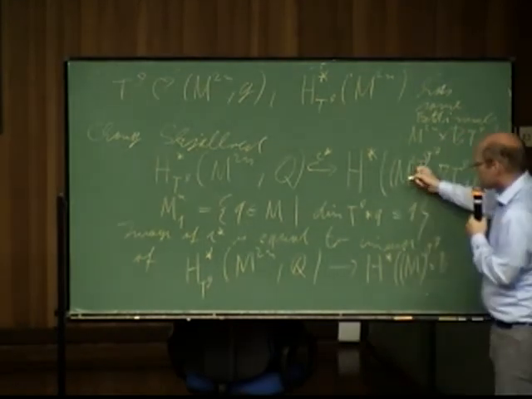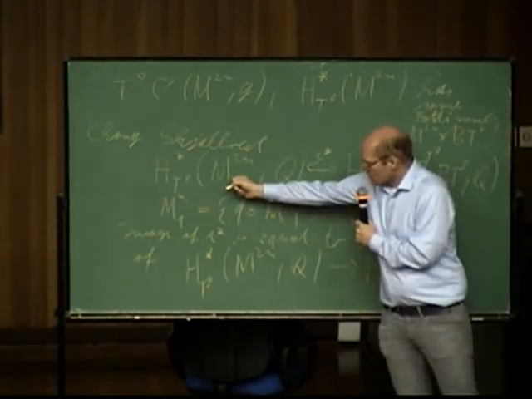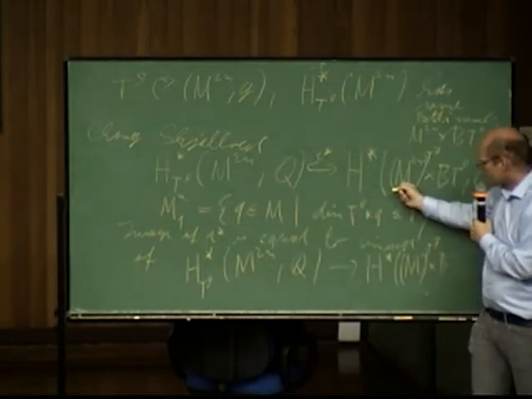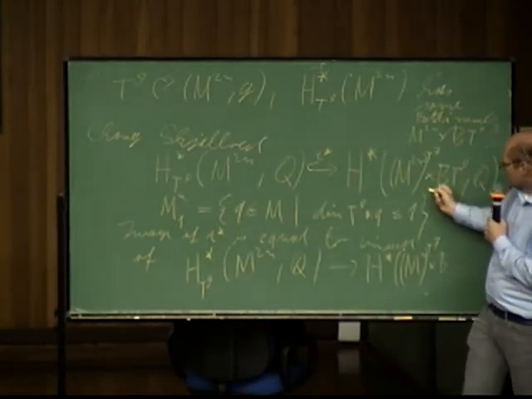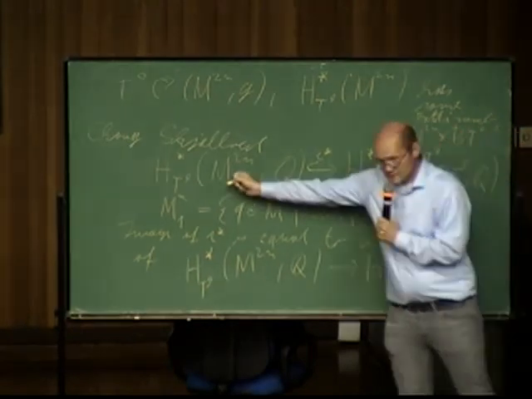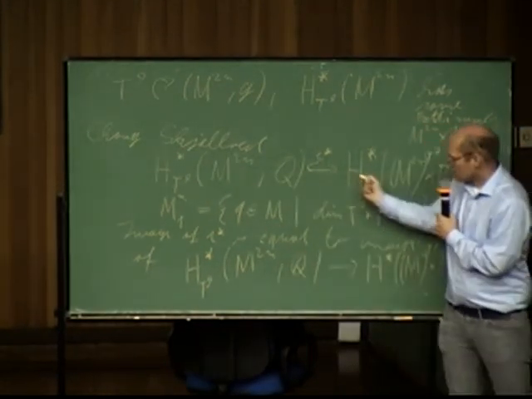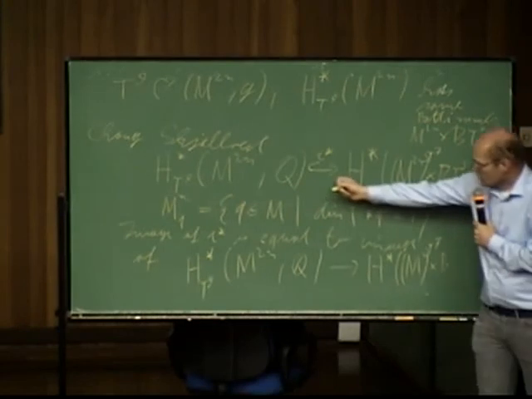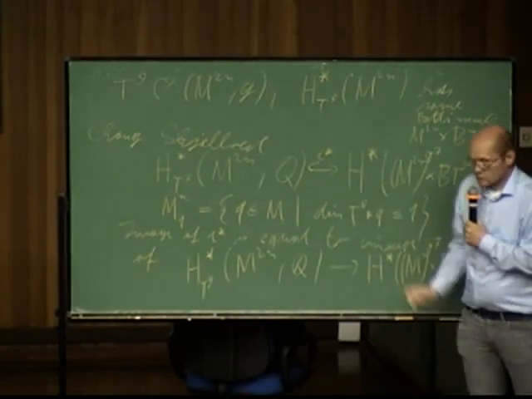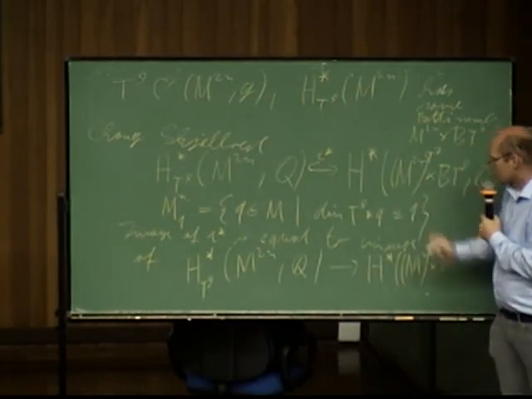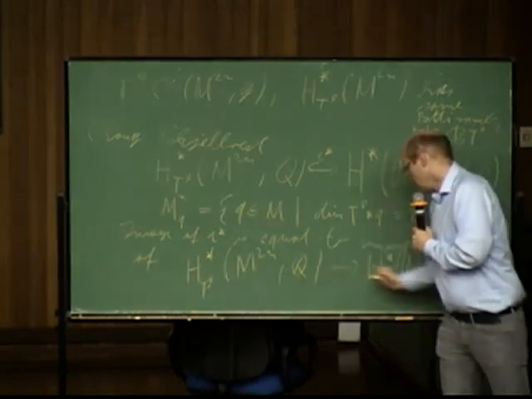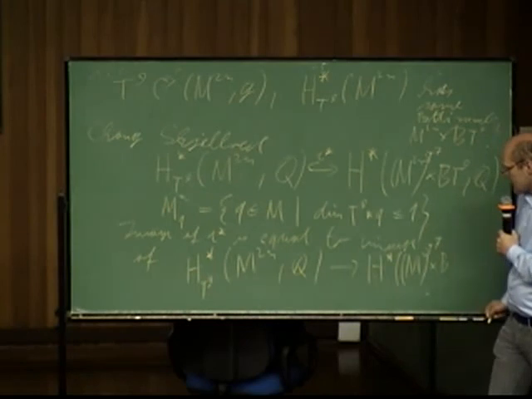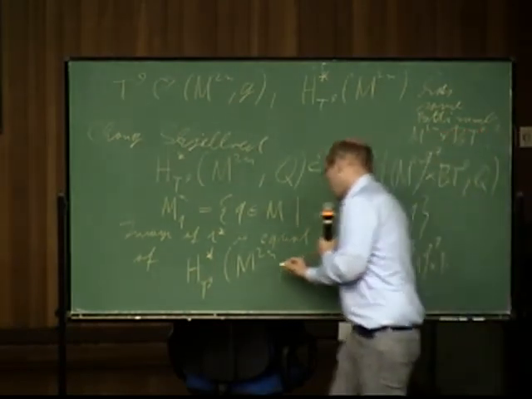So you look at the equivariant cohomology of the manifold, you look at the equivariant cohomology of the fixed point set, that's of course just the product. And this goes into this, right? So the map on cohomology is this way. And this map is going to be injective, right? So this is fairly elementary to see. And, right. But this has the same image as the image from the one skeleton.